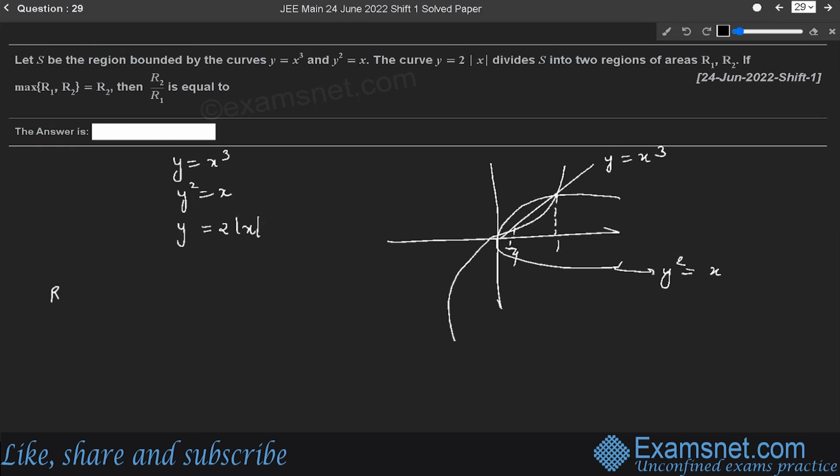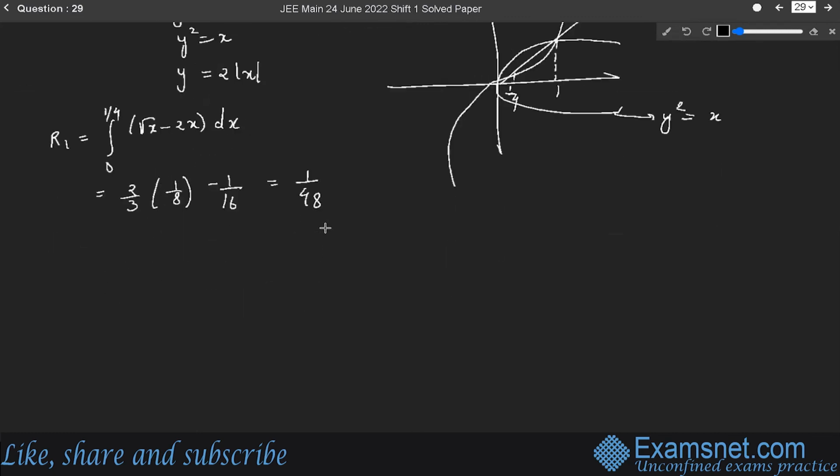So it is clear that R1 will be equal to the integral from 0 to 1 by 4 of (under root of x minus 2x) dx. So it will be equal to 2 by 3 into 1 by 8 minus 1 by 16, which will be equal to 1 by 48. Also, R1 plus R2 will be equal to the integral from 0 to 1 of (root x minus x cube) dx, which is equal to 2 by 3 minus 1 by 4.